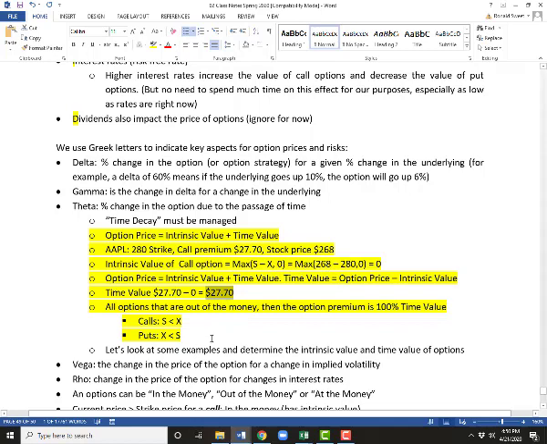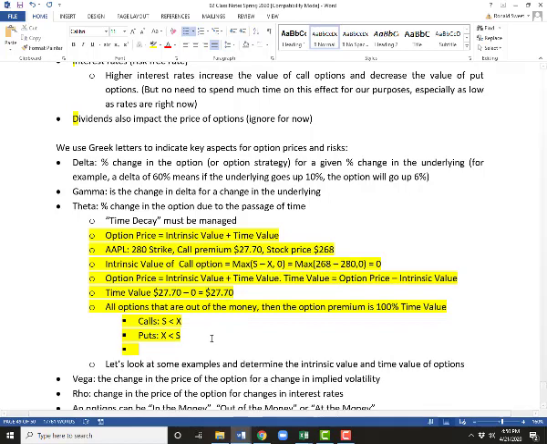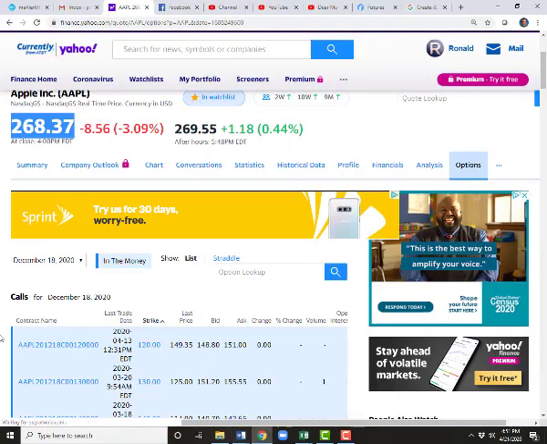All right, let's try a second one. Let's do Apple with a 250 strike. Or let's make it a little more interesting. Let's make it 265 strike. All right. The call premium. So we can go back and look at 265. Hopefully they have a 265.